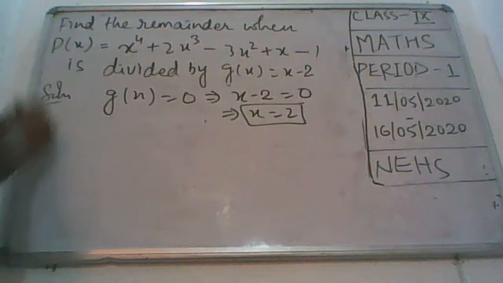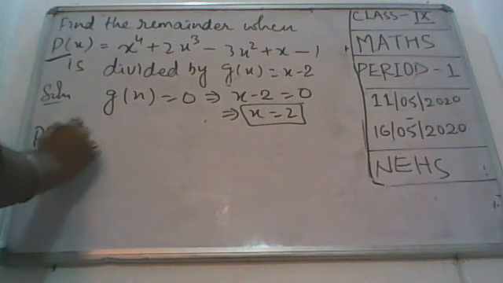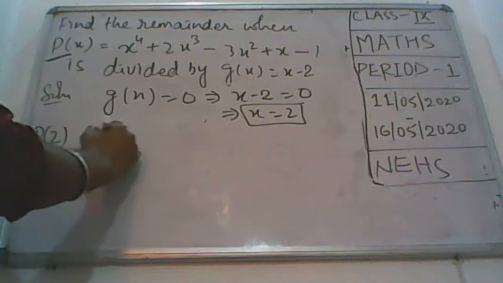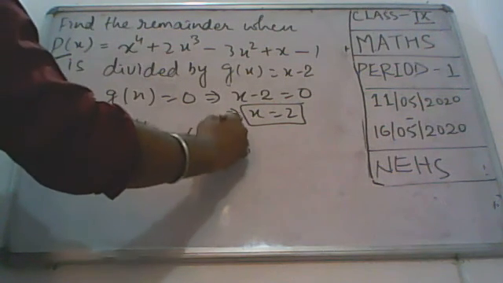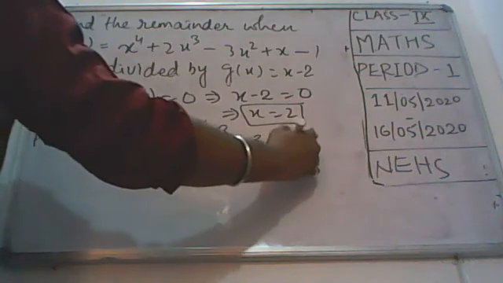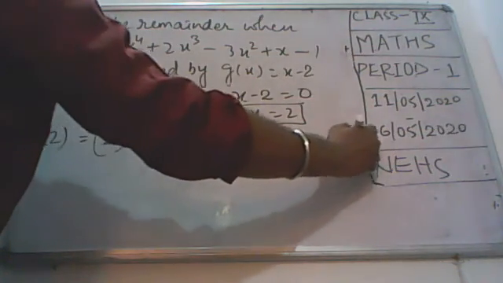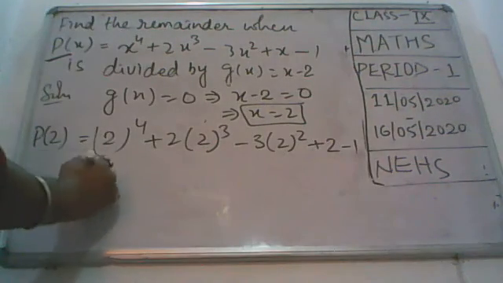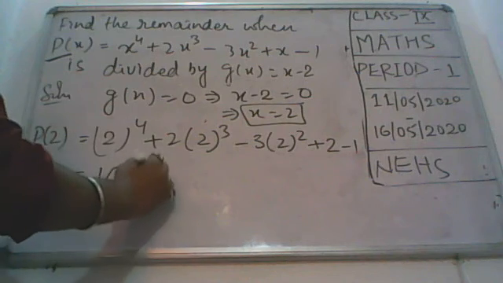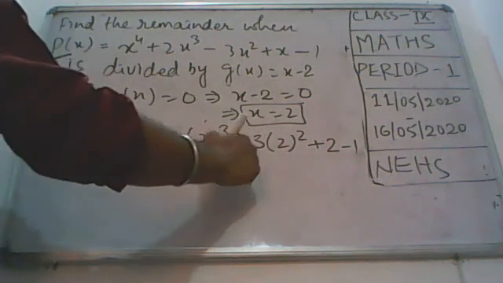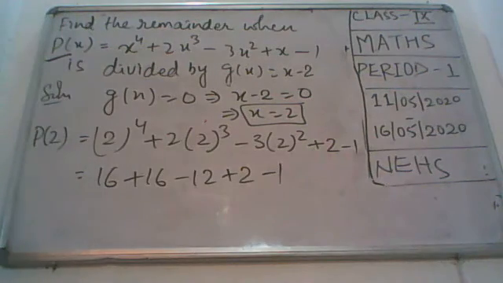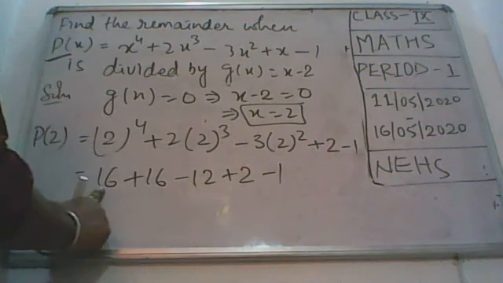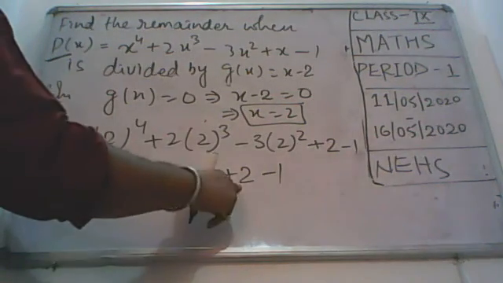Now this polynomial becomes in terms of 2. So wherever x is there, 2 will come. Everywhere 2 will come. Okay, so this is 16, this also 16. 2 to the 4 plus 16 minus 12 plus 2 minus 1. So 16 plus 16 is 32, and plus 2 is 34.